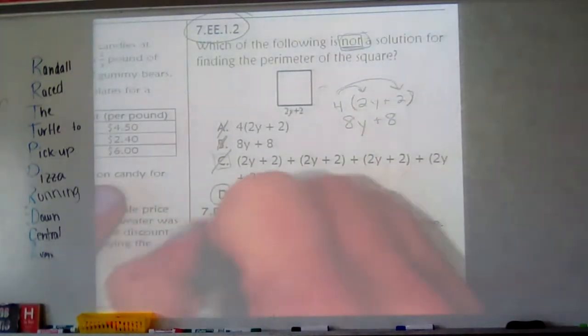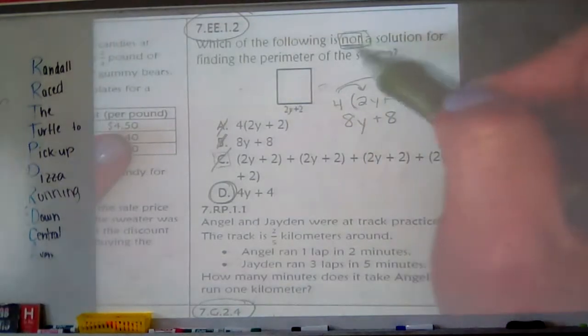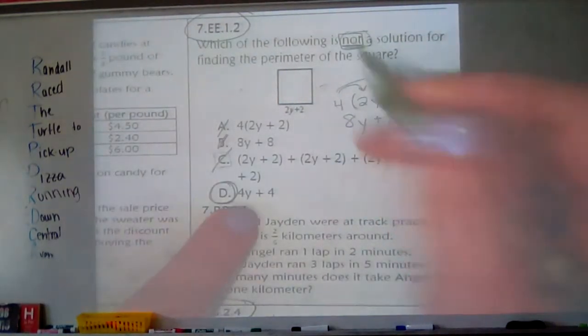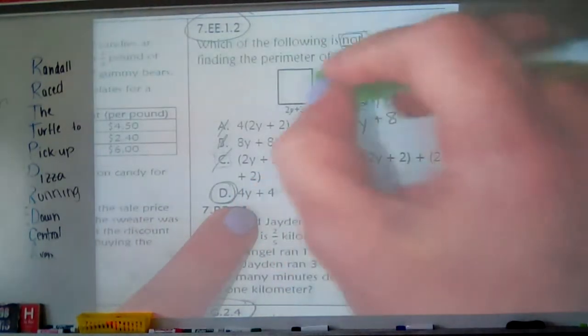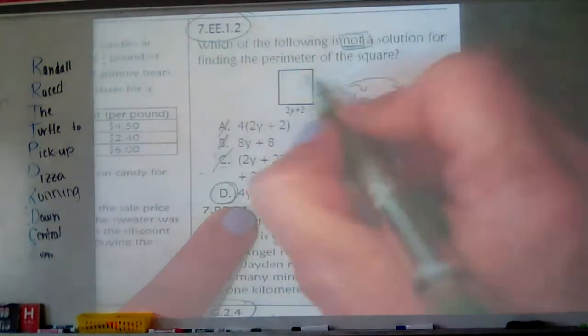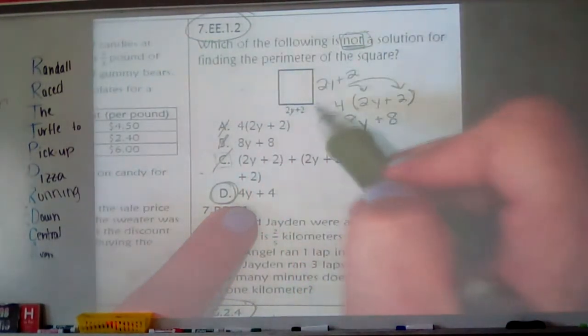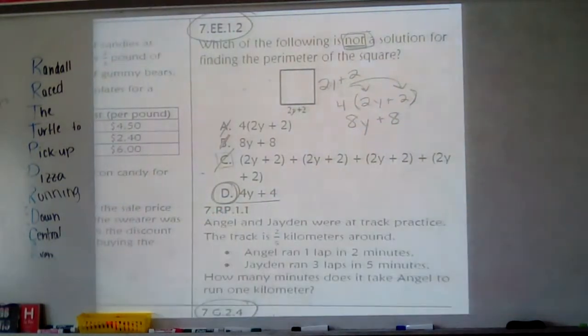So the only answer that makes any sense to not be a solution would be 4y plus 4. 4y plus 4 would only be adding 2 of my sides together, which is not what I'm asked to do. I'm asked to find the perimeter, so I would need all of these sides added together. So this here is the non-solution.